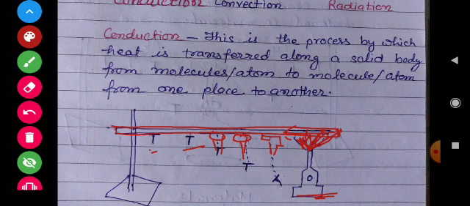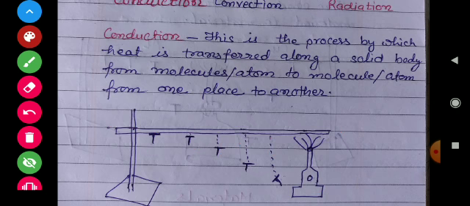As you can see here, it is falling, and here the second, and lastly the nail which is very close to the stand, very far from the source of heat, will fall at last. So in this way we can see the transfer of heat taking place in metal.